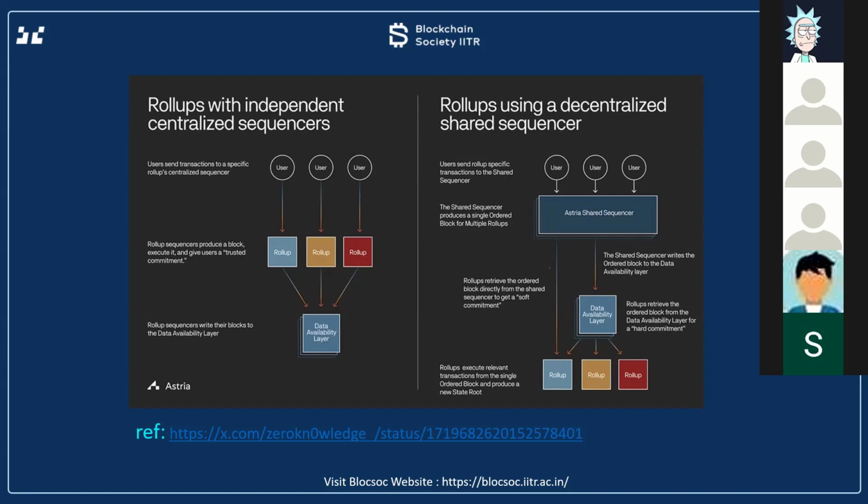For example, say I'm an arbitrage trader and I want to utilize the liquidity on chain B, but I have all my funds on chain A. What I would have to do currently is bridge the assets from chain A to Ethereum, and then from Ethereum to chain B, and then I can do anything with the liquidity in chain B. That is a big hassle and a big design flaw currently in the rollup designs, and the use of shared sequencers brings interoperability, but there are also disadvantages that it brings.